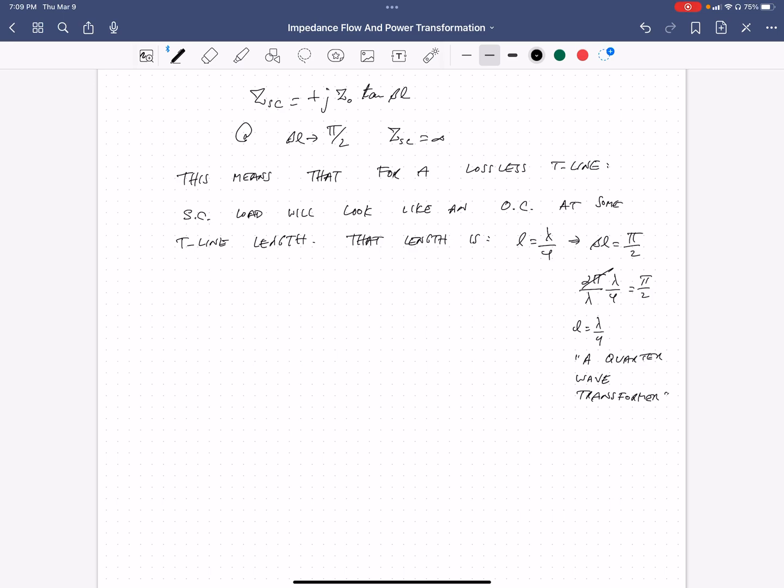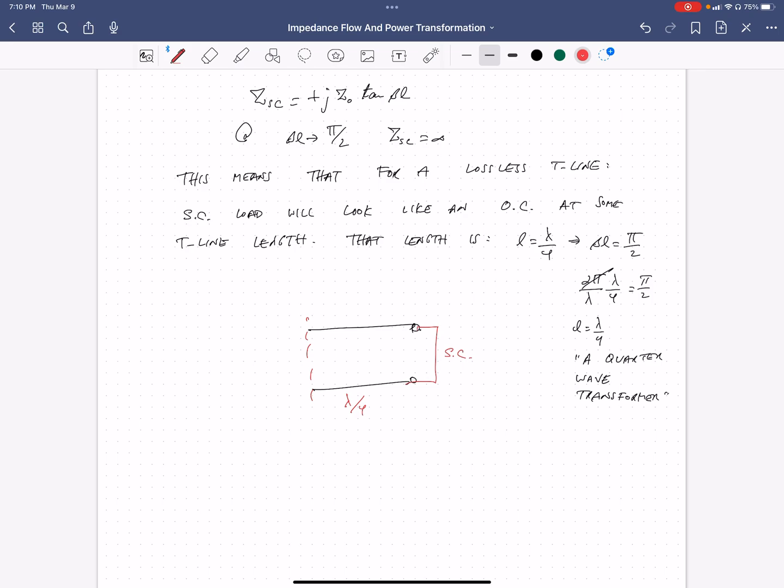So if you have a transmission line with a short circuit load, up to a length of lambda over 4 you look like some inductive value.